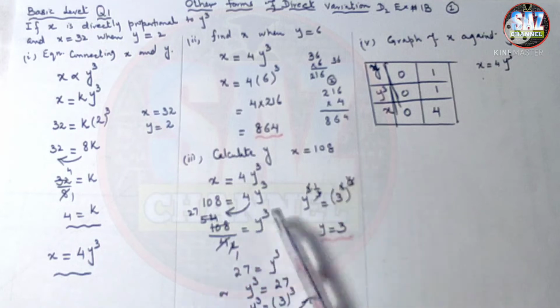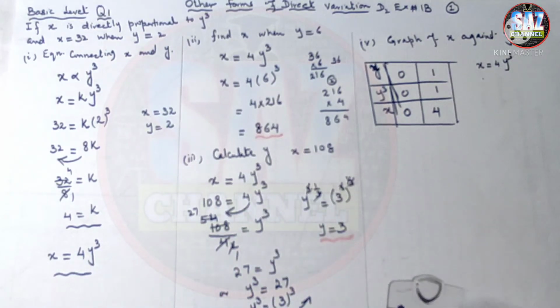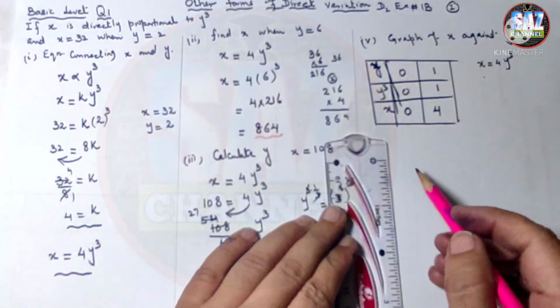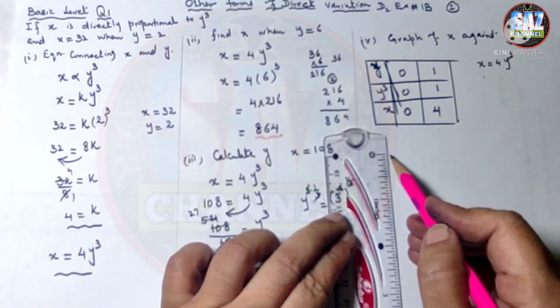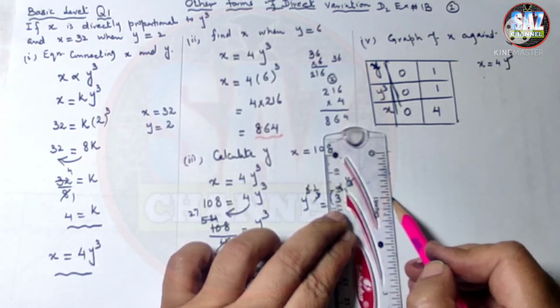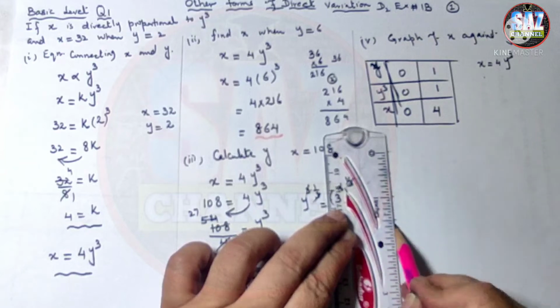And on the x-axis, how many values do I need to take? I need to take two values for the x-axis, and for the y-axis I have to take at least 4 numbers. So let me draw 1, 2, 3, 4, and this is a little up.